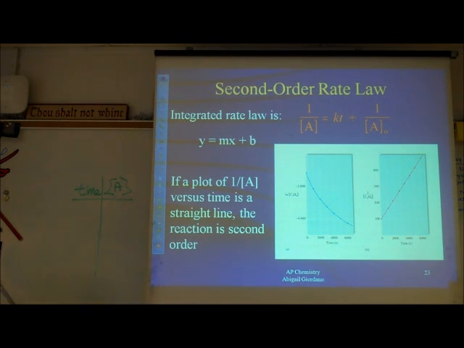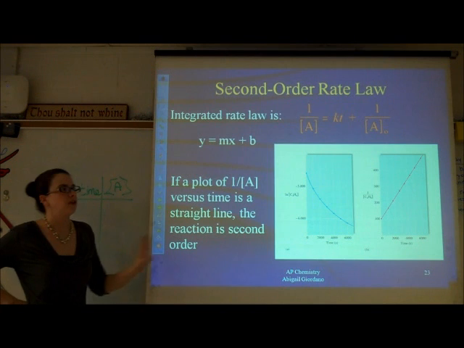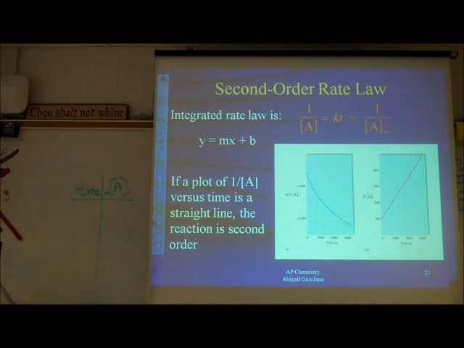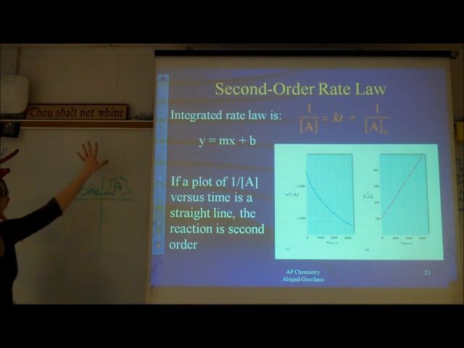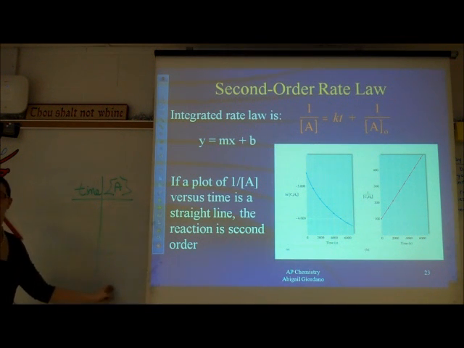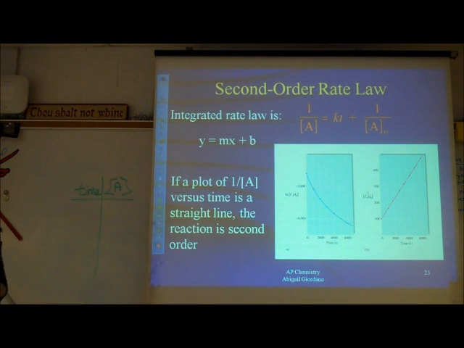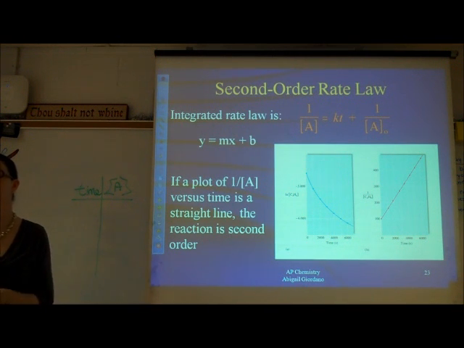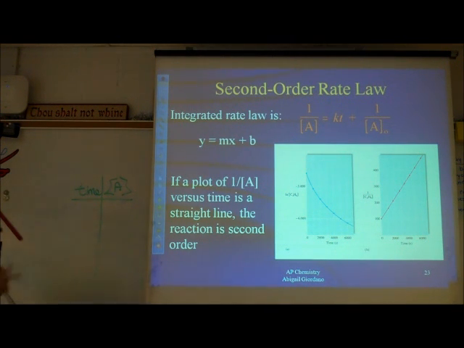Okay, let me say one more time what these problems are going to look like. Let's say again, you are given a table of data like this. Times, concentrations. And now the question says, this data could be first order or it could be second order data. Prove which one it is. Okay?